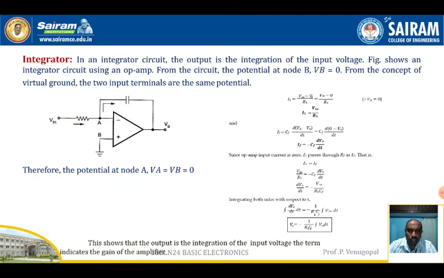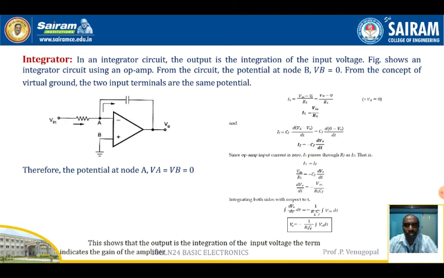Therefore V0 is equal to minus 1 by R1 CF times the integration of Vin dt, where 1 by R1 CF is a constant. This equation shows that the output voltage is the integration of the input voltage. The negative term indicates that minus 1 by R1 CF is the gain of the amplifier.